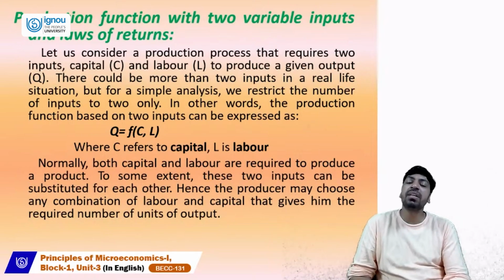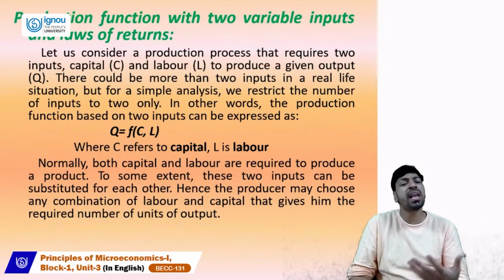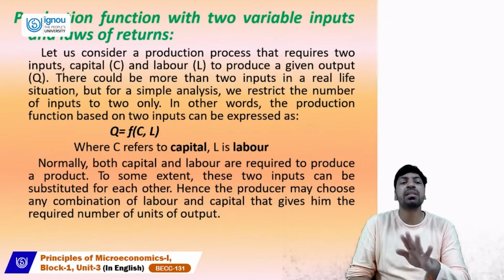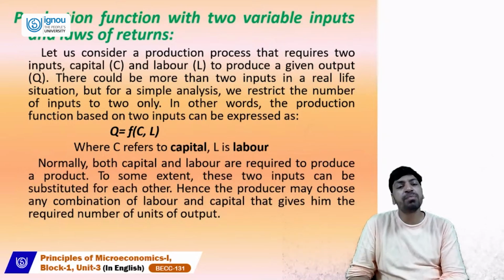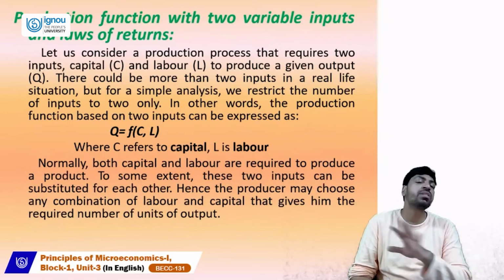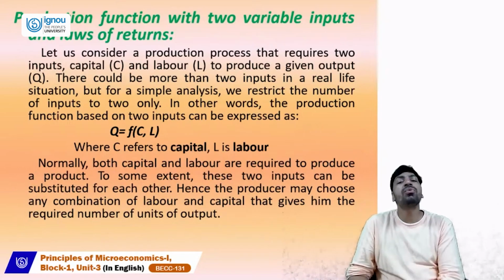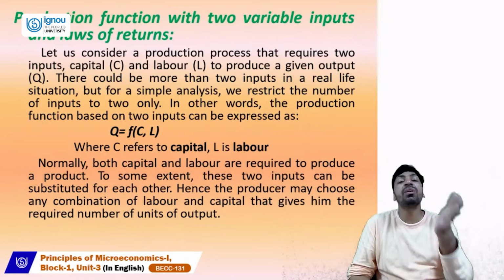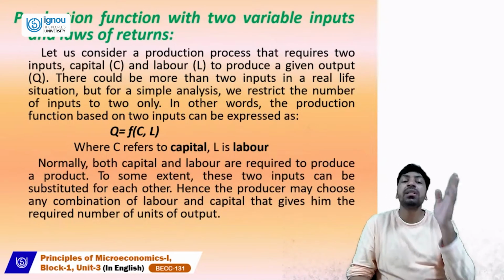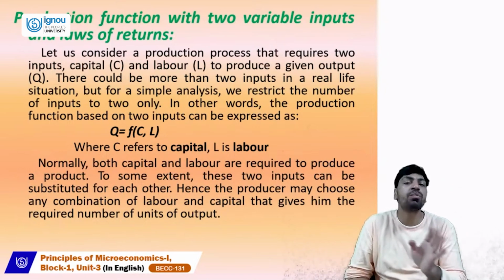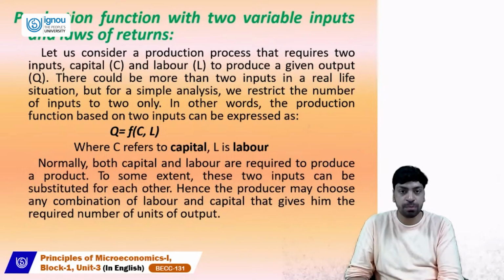If more than two inputs are used in a real-life situation, we automatically restrict the number of inputs to two only. It is essential that two inputs are well enough to produce a given output. I didn't say that it would increase or decrease. I said the two inputs, capital and labor, are well enough to produce a given output.